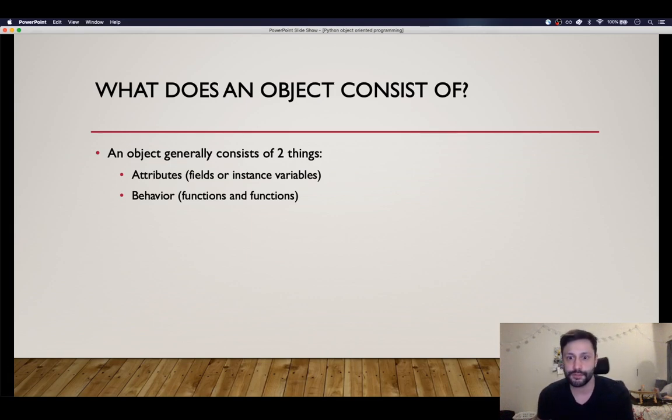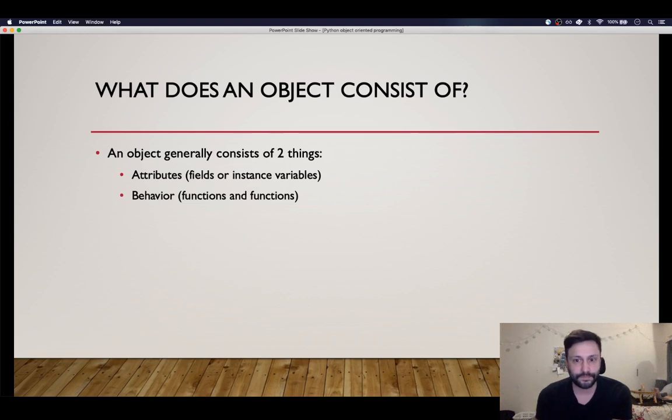For attributes, you might hear me use the word field or instance variable. For Python, I'll try to just say field. And for behavior, I meant to say functions and methods. A behavior is essentially something that that particular object can do.